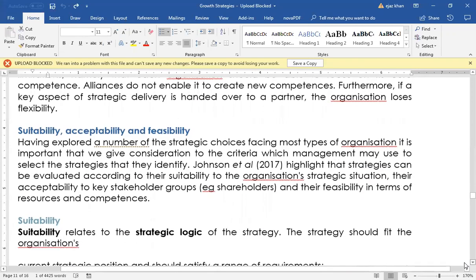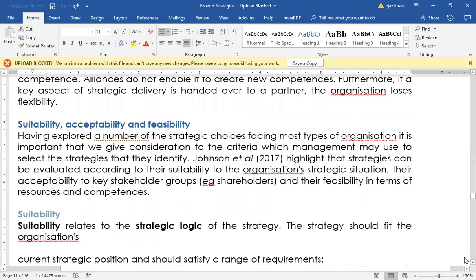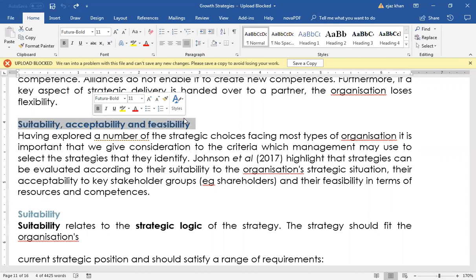Now, since we have discussed different strategies, the growth strategies, and the management orientations towards diversification strategies, let's discuss factors which should be considered while implementing or accepting a particular strategic choice.